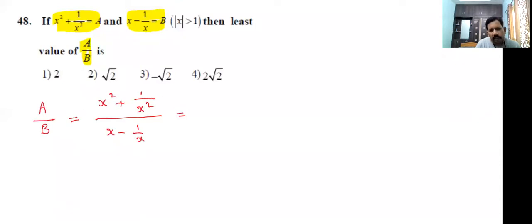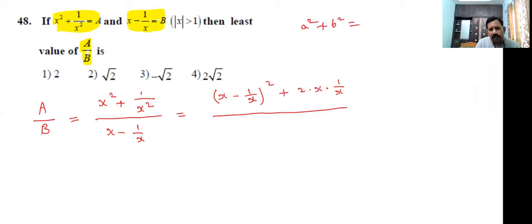X square plus 1 by x square, we can write as x minus 1 by x whole square plus 2 into x into 1 by x. Minus or plus? Plus. So a is written as b square plus 2, so a by b is b square plus 2 by b. Why am I writing the whole square of x minus 1 by x only? Because the denominator x minus 1 by x is there.